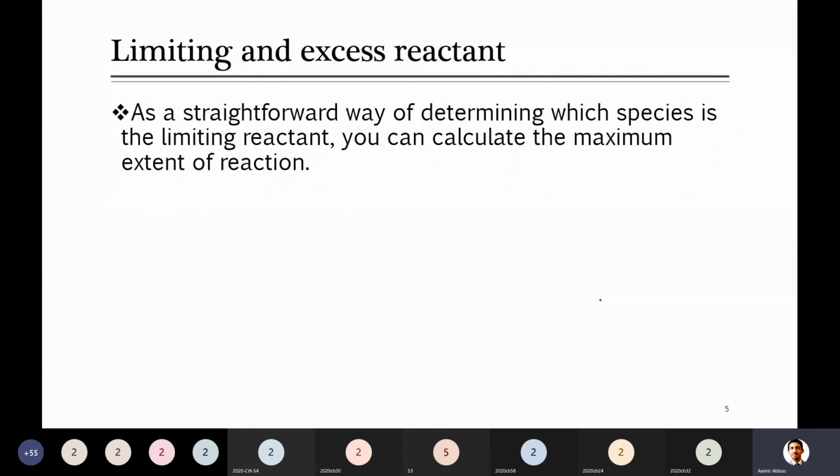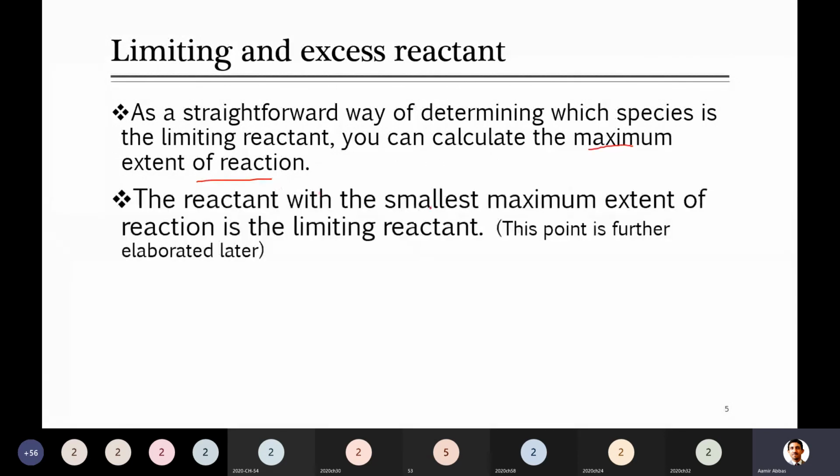We will calculate the maximum extent of reaction for each reactant, whether there are 2, 3, or any number of reactants, and the reactant with the smallest value of maximum extent of reaction is the limiting reactant.